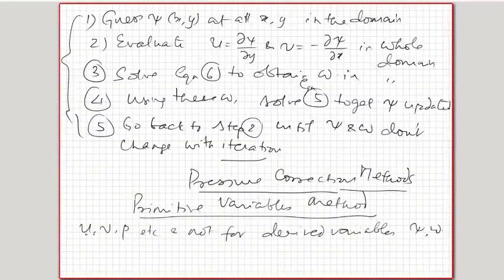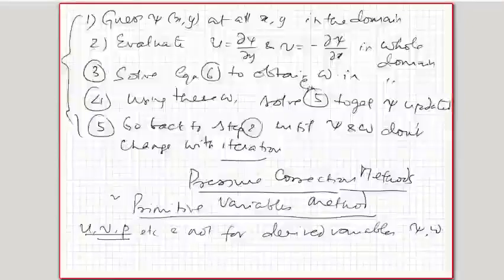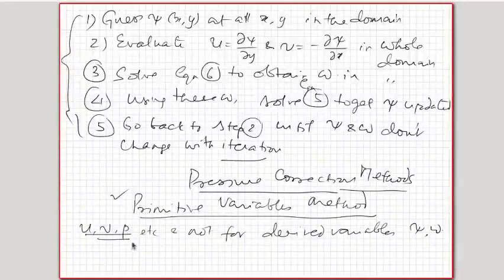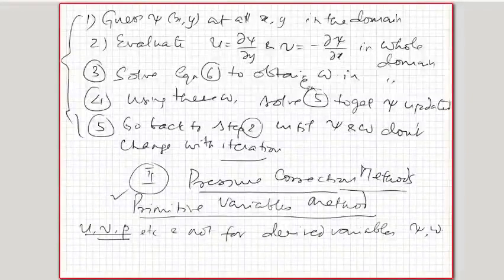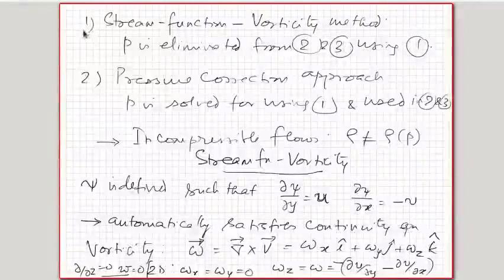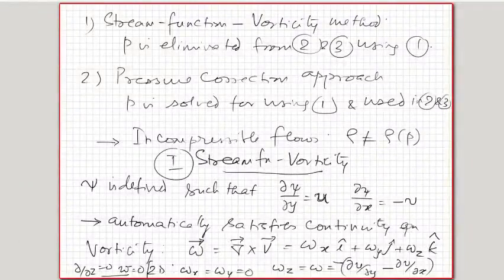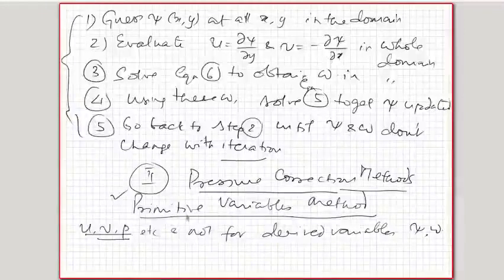Okay, so since you are solving for primitive variables, it's called a primitive variables method as well. So this is the name for the second class of methods. The first class of methods we called the stream function vorticity method, and now the second class of methods is the primitive variables method.